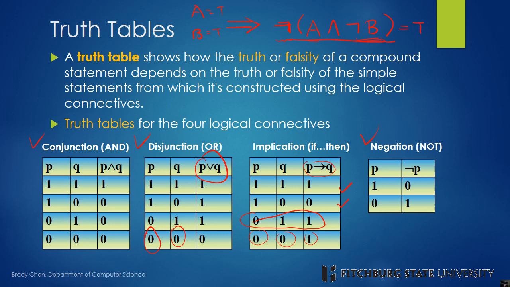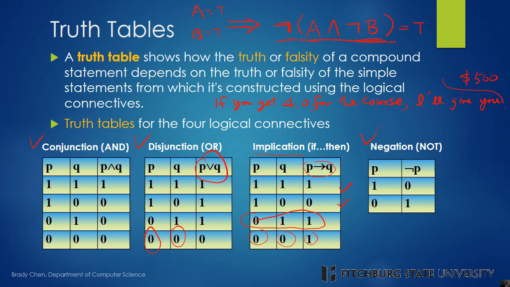Now let's take a look at an example. Let's say we have a statement: if you get 4.0, so you got a very good grade for the course, I will give you $500. That looks like an implication, right?